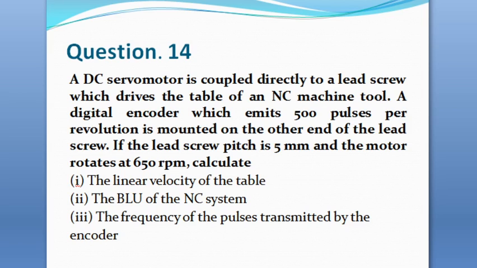Therefore, first we have to calculate the basic length unit. The pitch of the lead screw is also given, 5 mm. BLU equals pitch divided by 500 pulses per revolution. From the BLU we calculate the linear distance, then the linear velocity, then the frequency of the pulses transmitted by the encoder. So, assignment problem given to you.